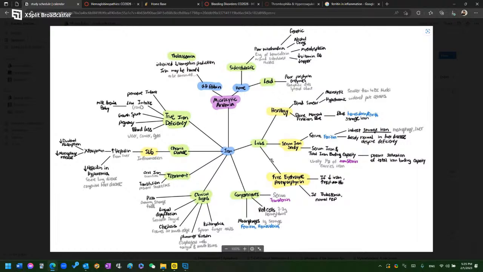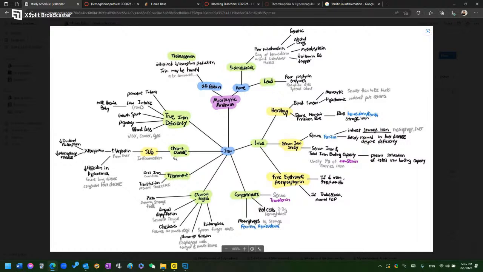Yeah, so essentially, in order for a good hemoglobin, you need the good globins to be made, and you also need the iron to be available, right?